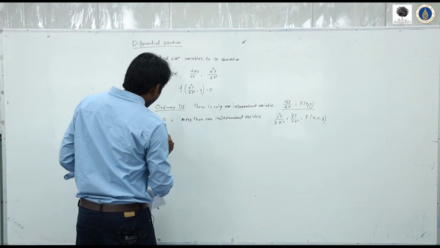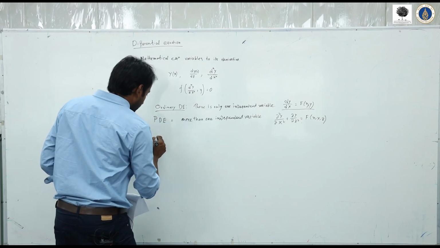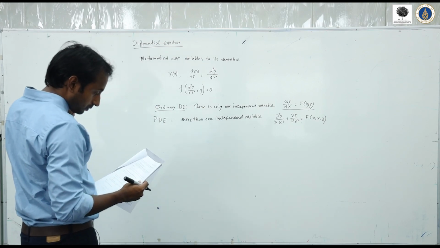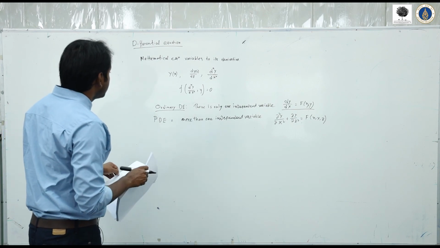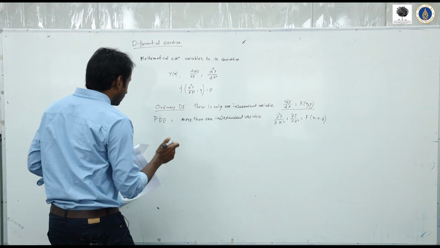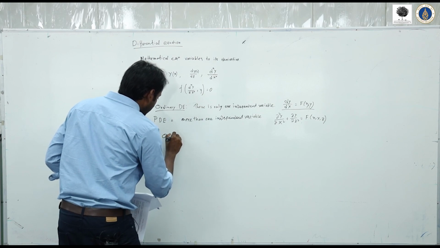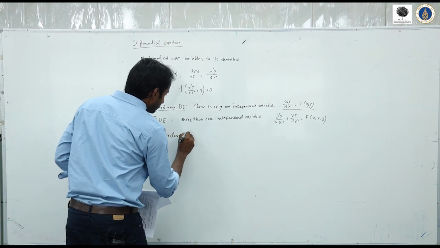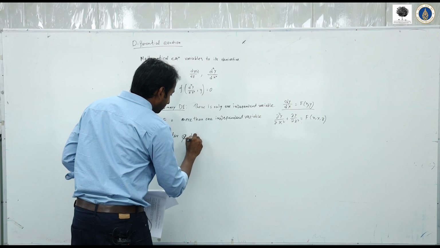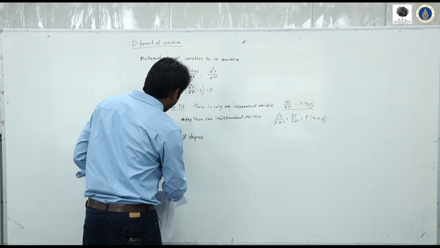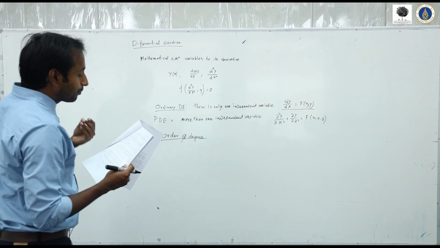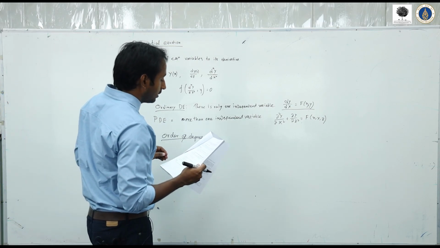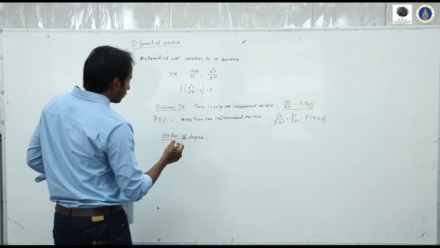So there are two important terminologies in differential equations. One is order and another is degree. The order of a differential equation is the highest order derivative present in the equation.